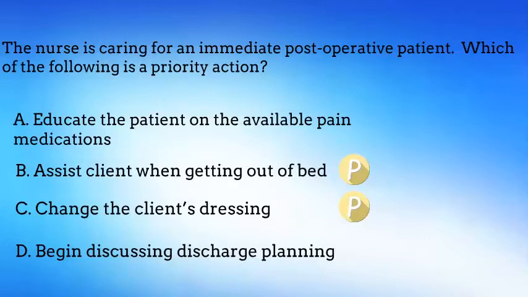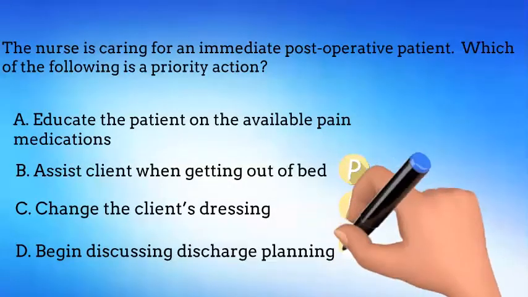Option D, begin discussing discharge planning. Well, why do we talk about discharge planning? Discharge planning helps to prepare the patient for discharge and will make sure he's safe when he leaves the hospital. So we have yet another safety option.